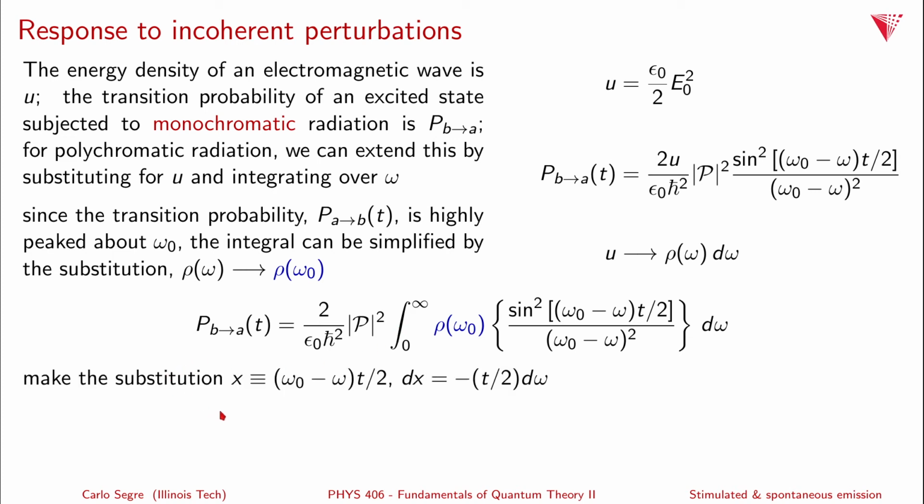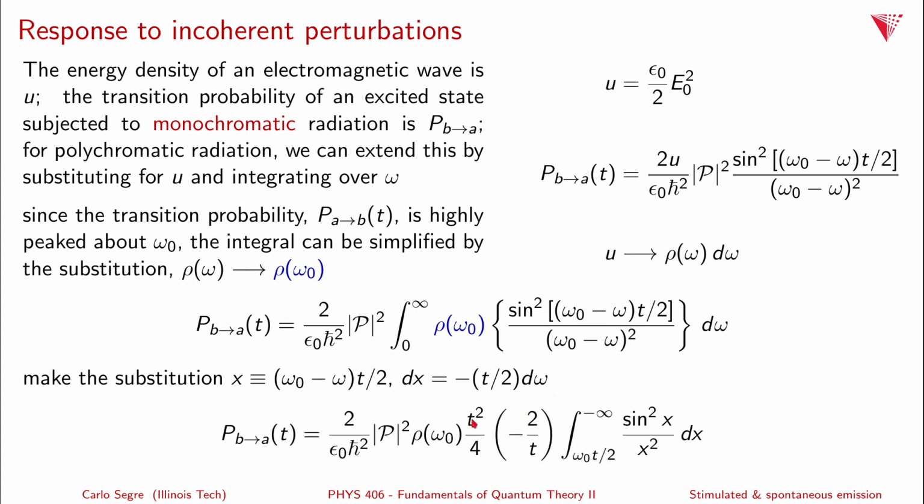If we now make a substitution that x is equal to omega 0 minus omega times t over 2, so this becomes sine squared of x, and dx becomes minus t over 2 d omega, my integral becomes the following.